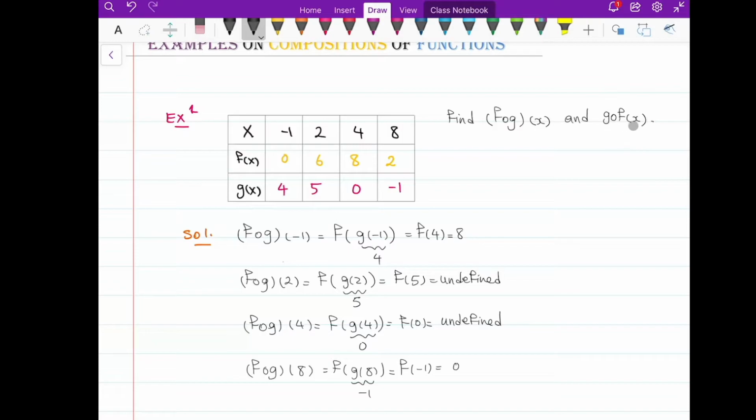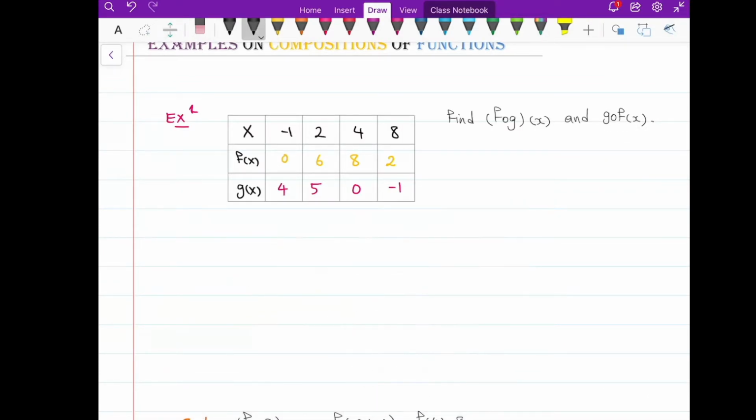Okay, let's calculate g∘f. I'm going to move this one down, and I'm going to calculate g∘f. g∘f at -1 would be g of f of -1. You get the idea. F of -1 is equal to 0. I need to find g of 0, which is undefined, as you see.